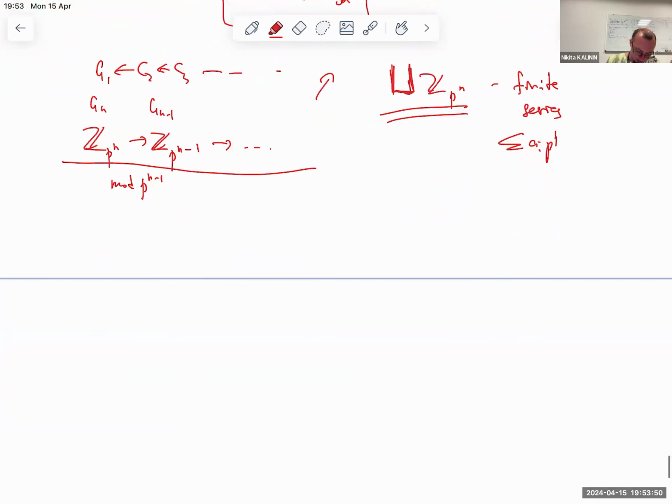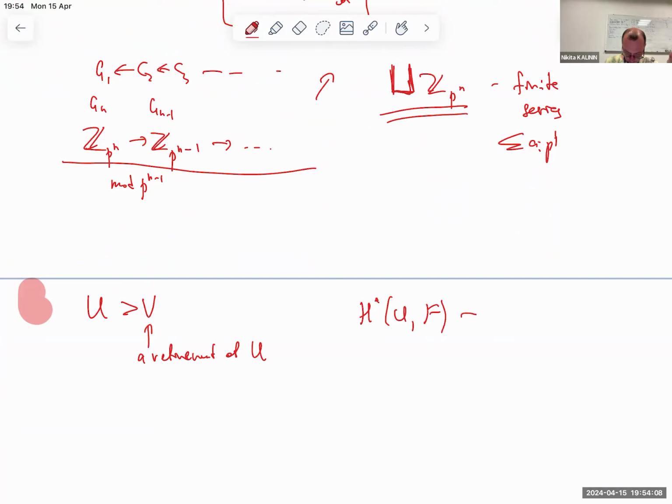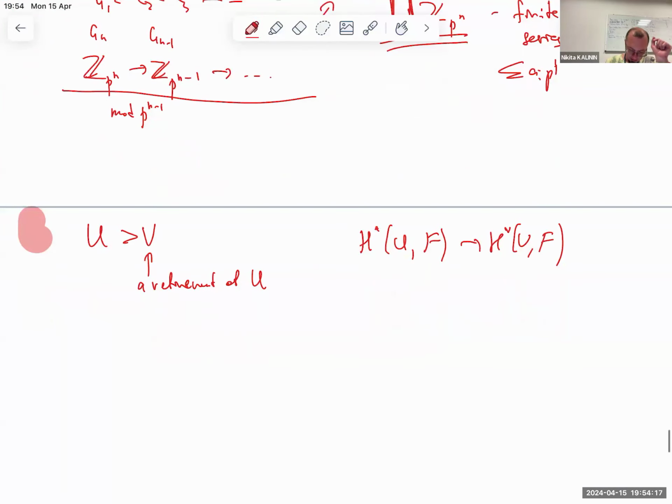So in our case, if we have U and we have a refinement V of U, then we have a map from the cohomology with coefficients in F for cover U to the cohomology with coefficients in F, but with cover V. And so it means that this thing H(U, F), indexed by U, just an open cover, is a direct system of groups.